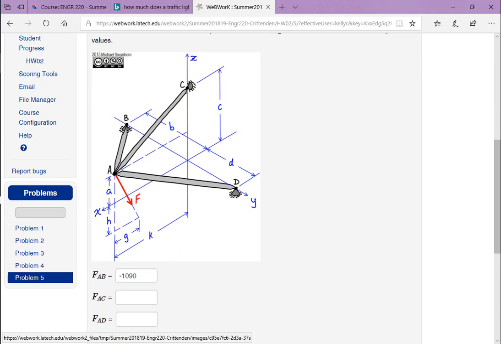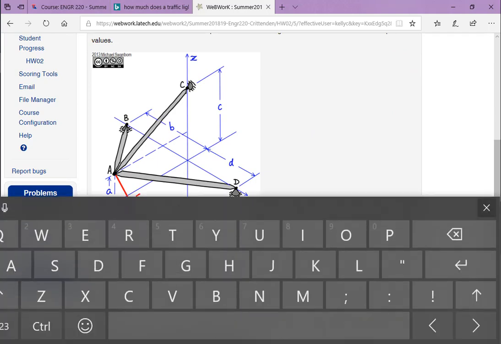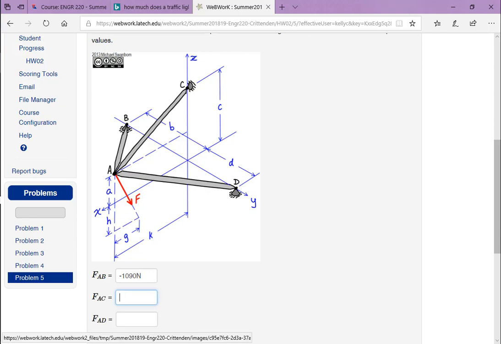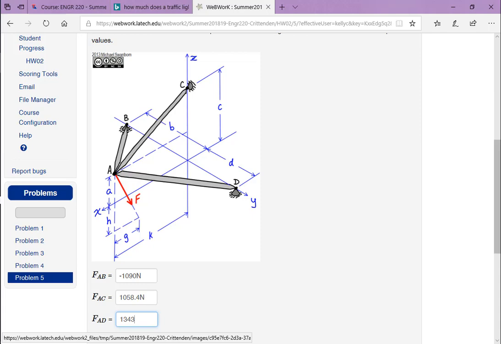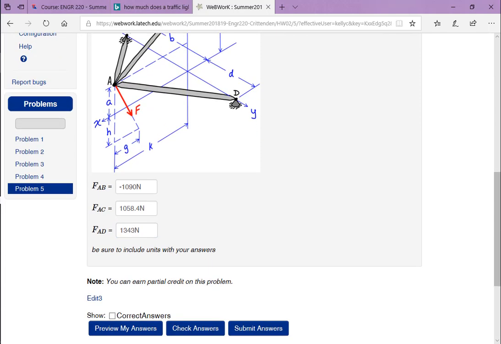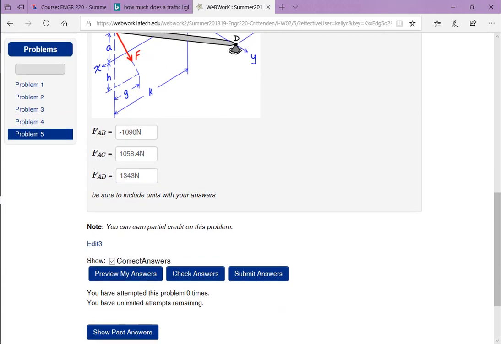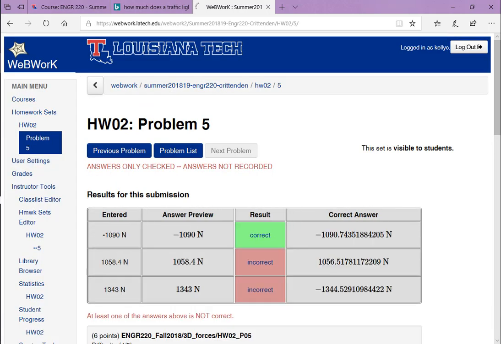So it should be newtons. 1058.4 newtons and 1343 newtons.